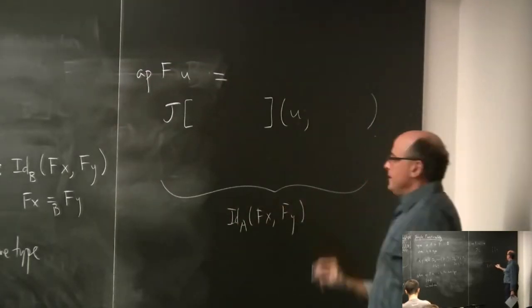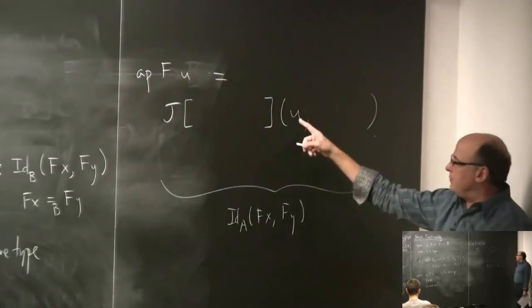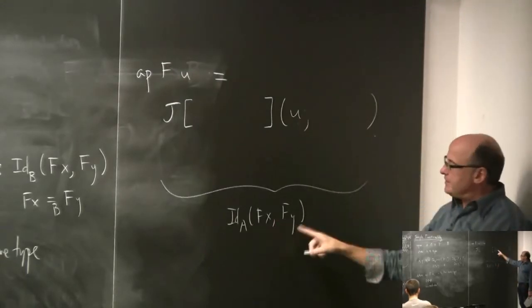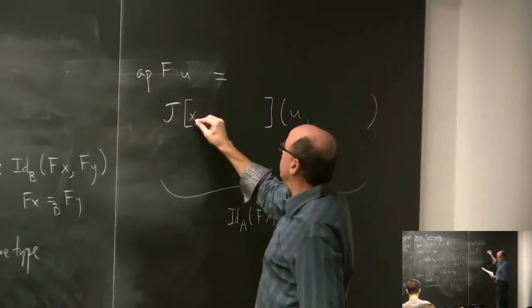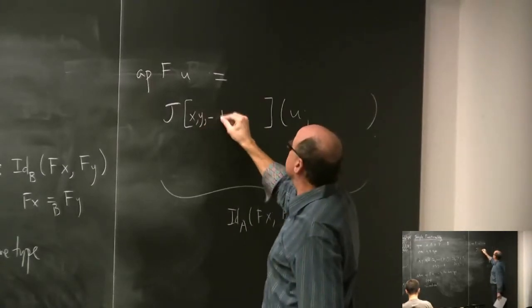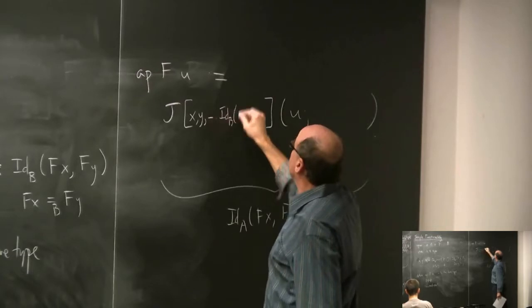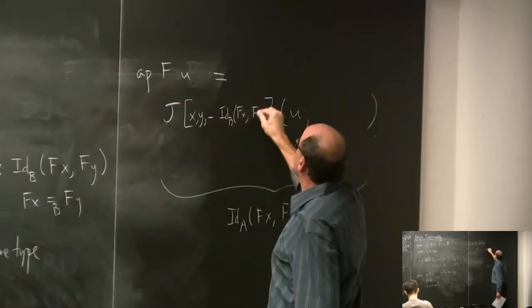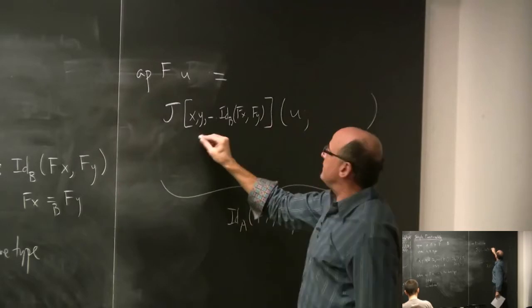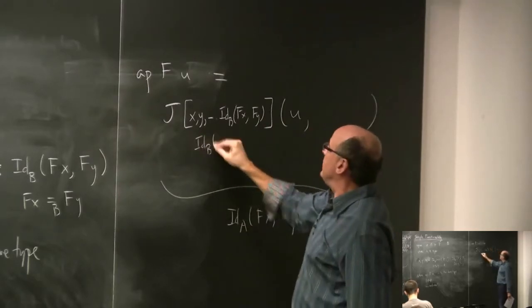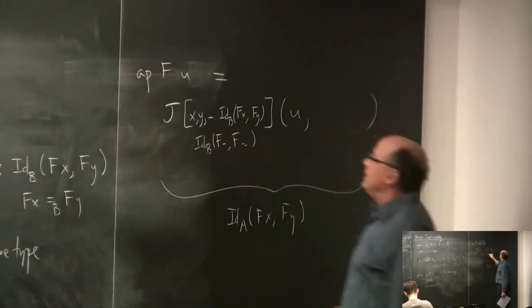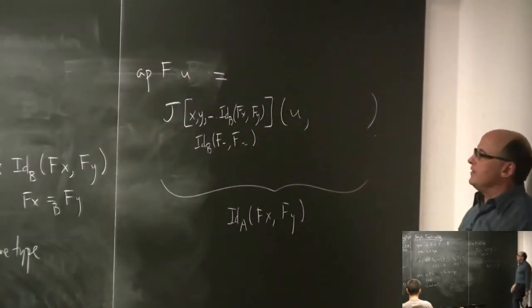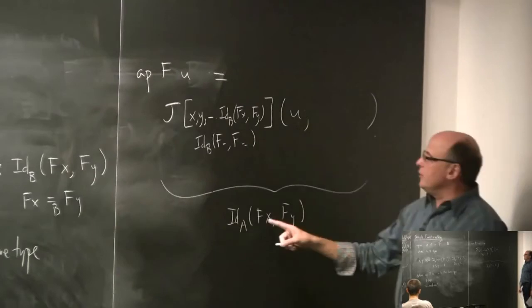So this one is really easy. I have to figure out a motive that would get me to this instance. The motive that I could use is id_B (f x) (f y). Or for shorthand, I could write this as id_B f blank, f double blank, to say that's my motive for the induction.